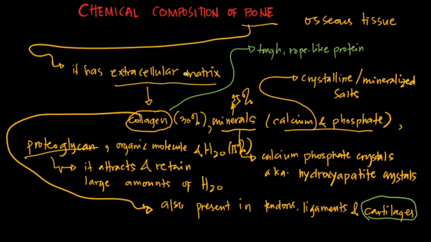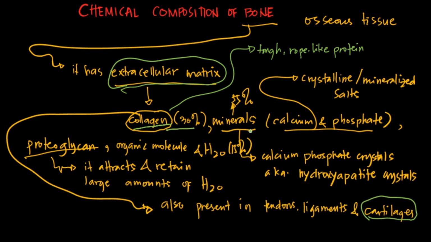As a whole, the chemical composition of your bones consists of extracellular matrix, and it is the reason why the bones are so hard. Again, collagen is one part of your extracellular matrix, 30% of that.